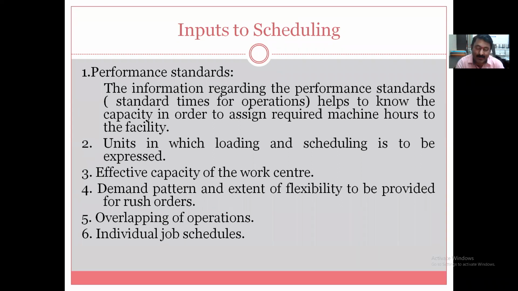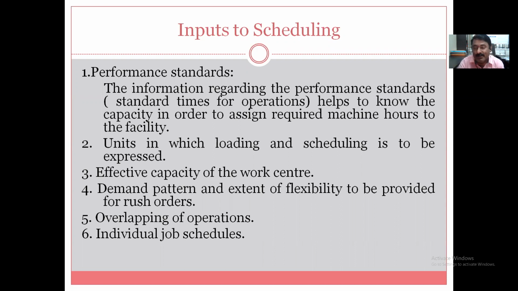Or, after a centering operation, do you go directly to 20, or go for 10 and 22 mm drills depending upon the material? This is a further bifurcation of that particular time. So the information regarding the performance standard, the time required for drilling a 20 mm hole for a length of 50 mm, helps to know the capacity in order to assign the required machine hours to the facility.